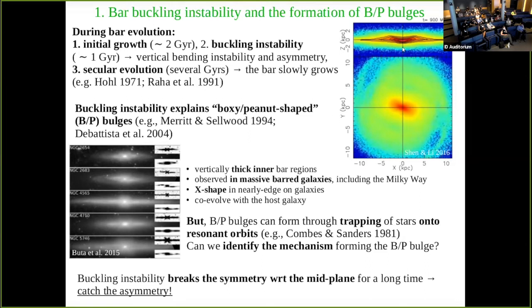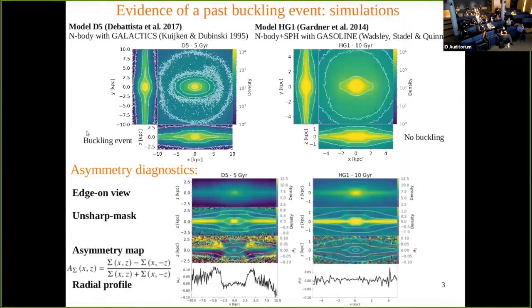But it breaks the symmetry in the density distribution of the particles or of the stars with respect to the midplane, and this midplane asymmetry lasts for a long time. So it is possible to catch this asymmetry. We developed a diagnostic to identify it and try to apply our diagnostic to real galaxies.